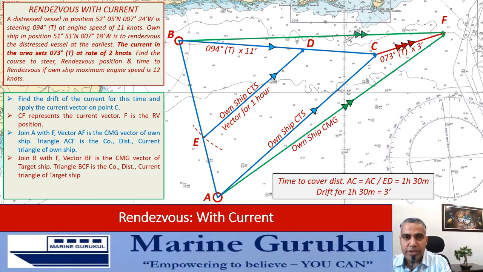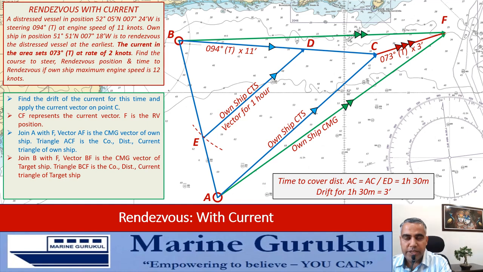Now let's take our attention to triangle BCF, Bravo Charlie Foxtrot. This is the course, distance and current vector triangle for the target ship for a period of 1 hour and 30 minutes.